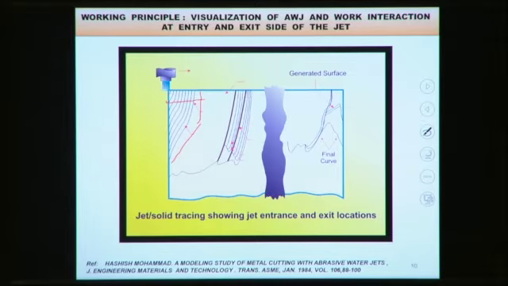So initially at the workpiece surface, the machining is due to the erosive action of the abrasive water jet, and after that it is due to deformation at the bottom surface of this machining zone. Here also you can see this kind of striations generated, which is unwanted.